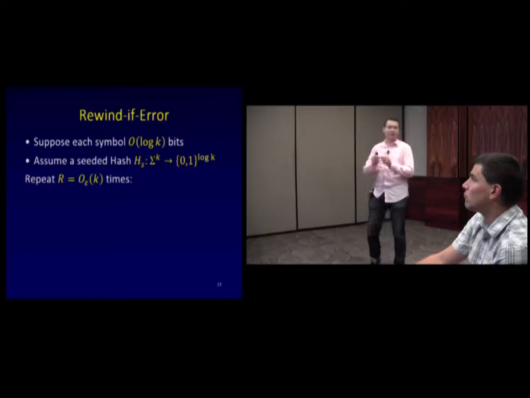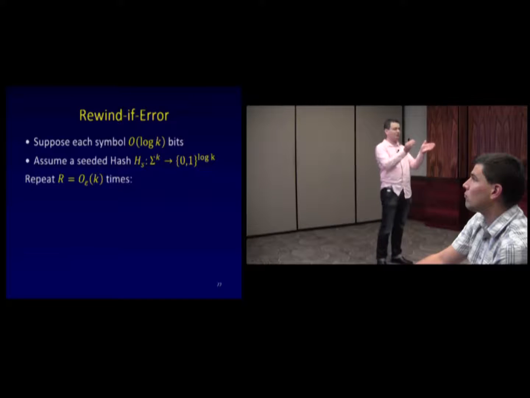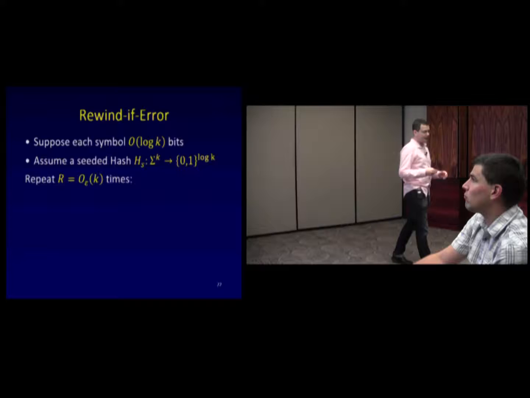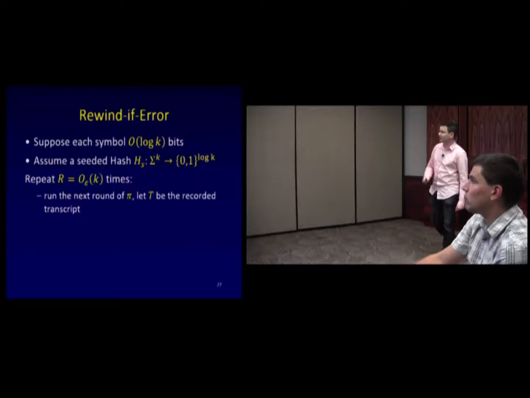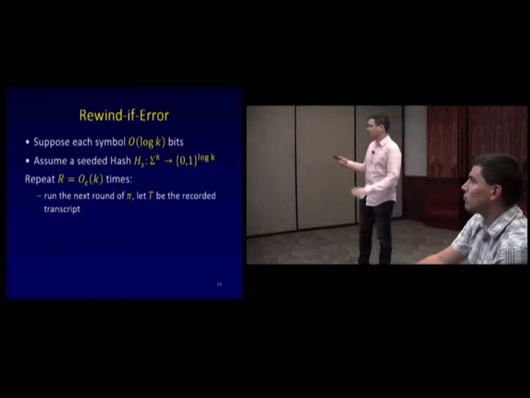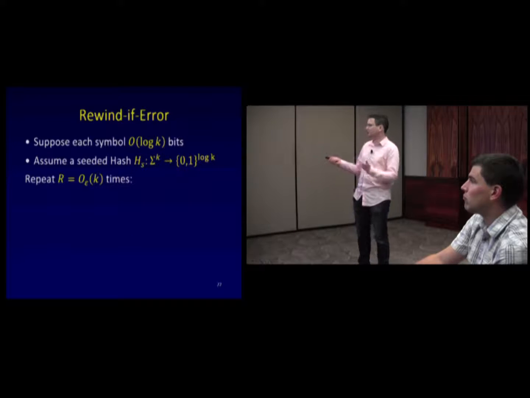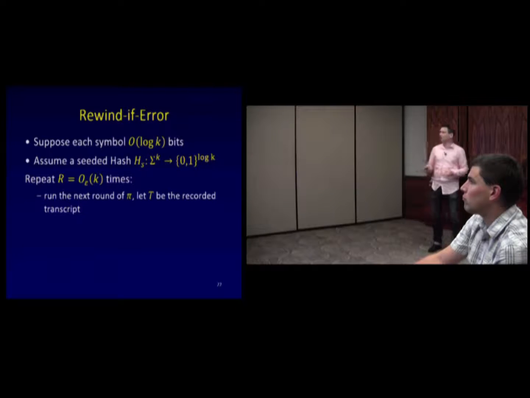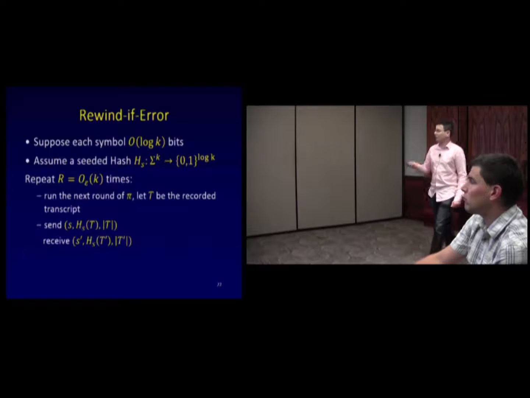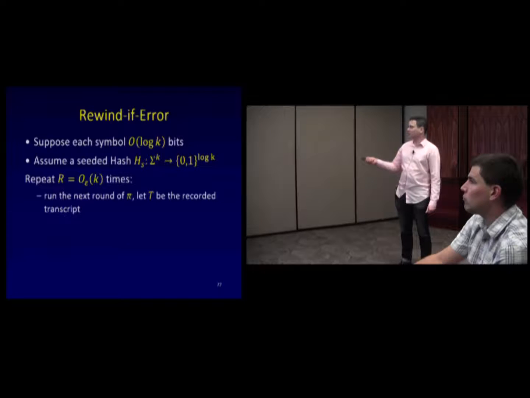So let's assume each symbol is actually large. You're working with blocks of size log k. If you don't, you need to work harder. But at size log k you can start using hashing that works with high probability. I'll go over this very quickly because Bernard will elaborate more on this type of protocols. We basically repeat the following simple procedure.